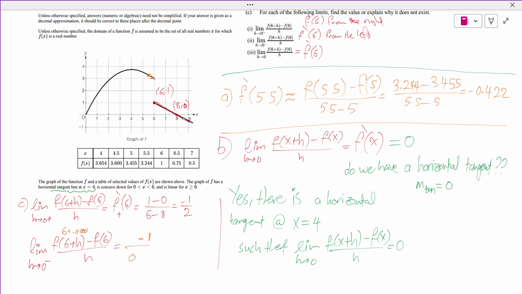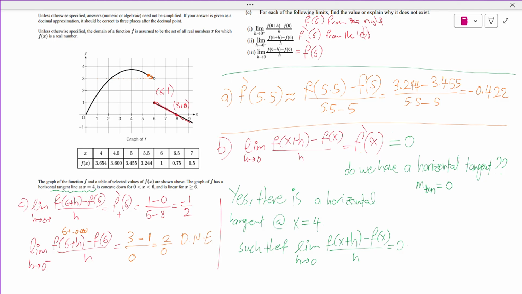So you are substituting what? f of 6 plus h approaches 3. So 3 minus 1, which will be 2 over 0, this means what? Does not exist.